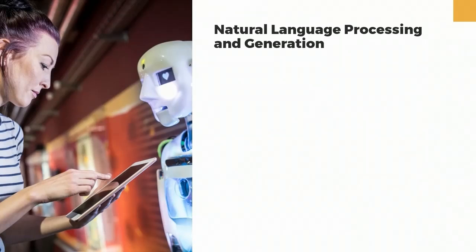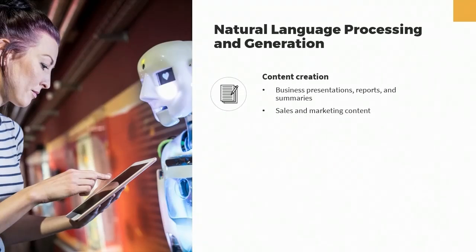ChatGPT's ability to process and generate natural language has opened a myriad of content creation possibilities, from drafting business presentations, reports, and summaries to automating email responses. The AI tool can easily be used to change the tone or wording of text.